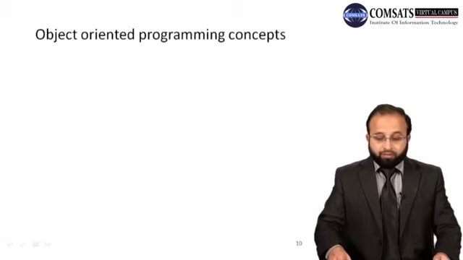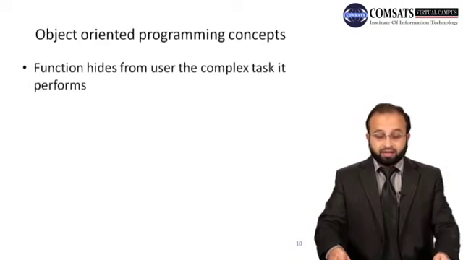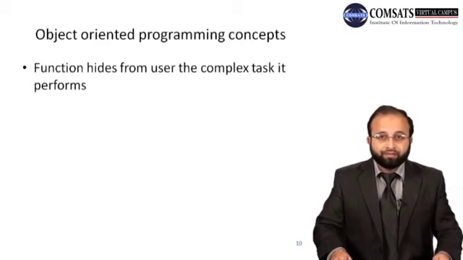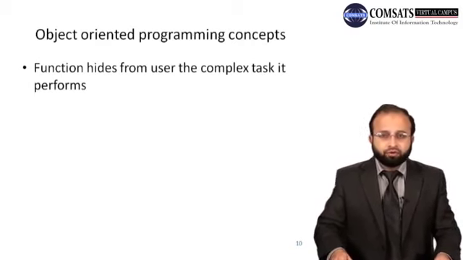So, object-oriented programming concepts. The function hides from the user the complex task it performs. Like in our previous course, in the fourth or fifth lecture, we have seen what a function is, and we made a bake cake function.